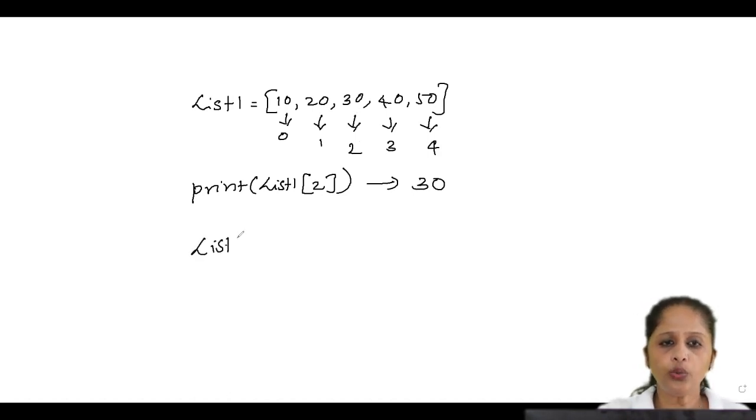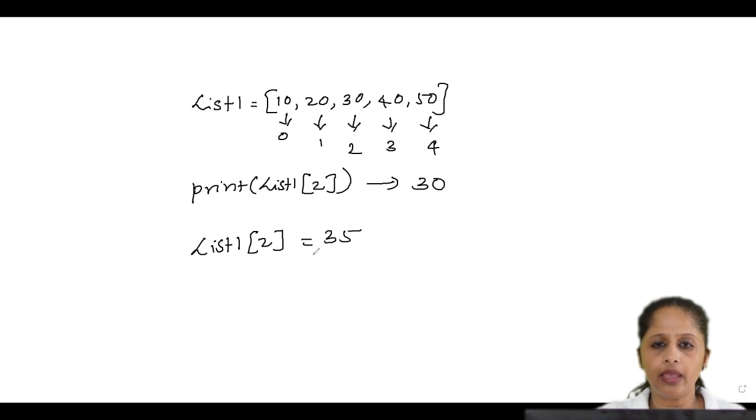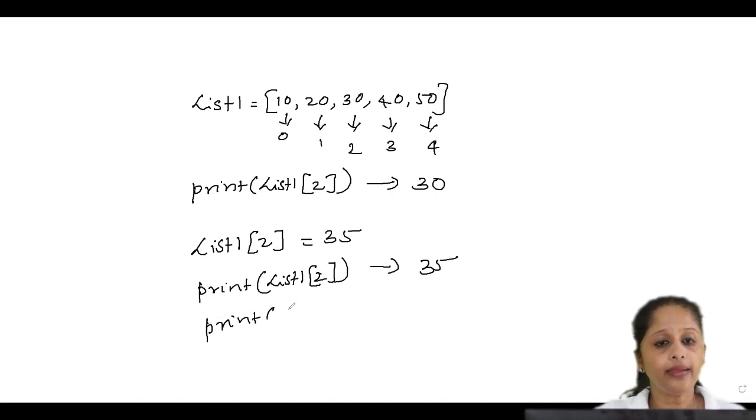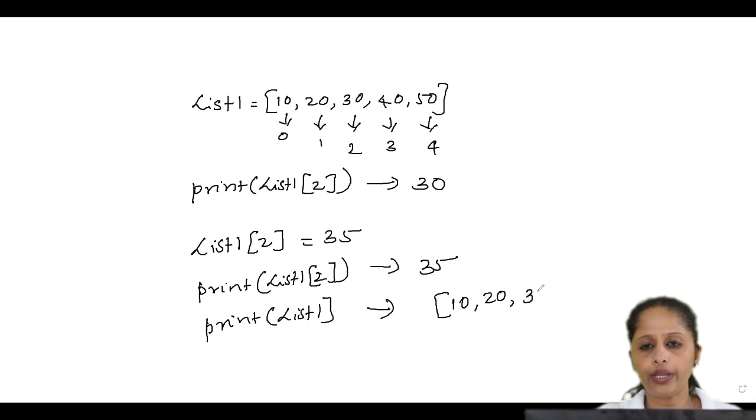Suppose you write list1 of 2 equal to 35, changing 30 to 35. After that, if you print list1 of 2, it gives the output 35. If you print list1, you will get 10, 20, 35, 40 and 50. So here the value is changed, 30 is changed to 35. This is possible in a list.